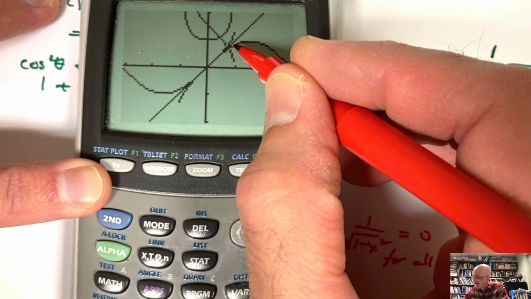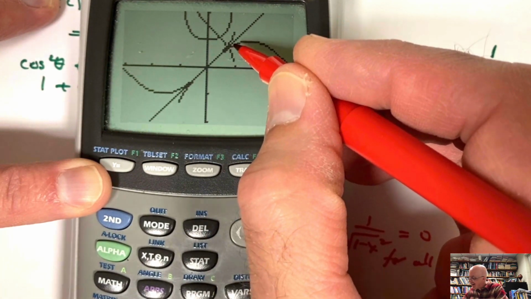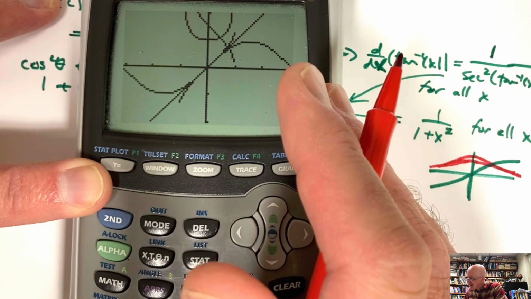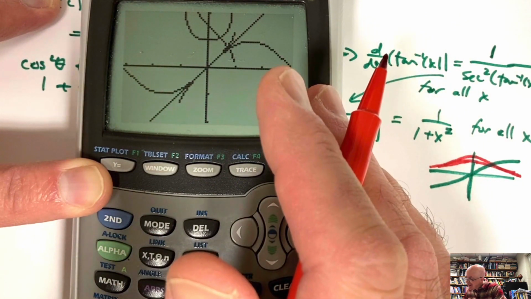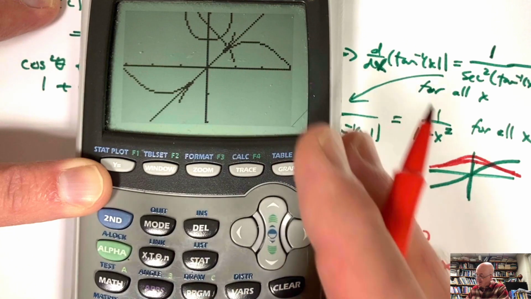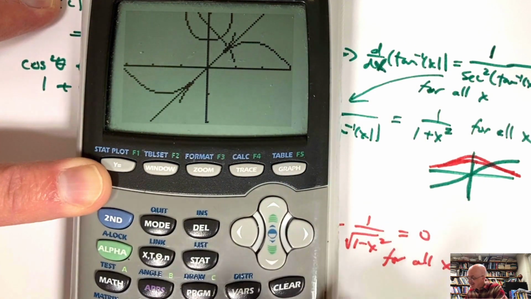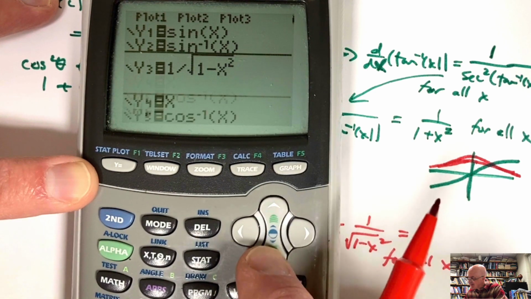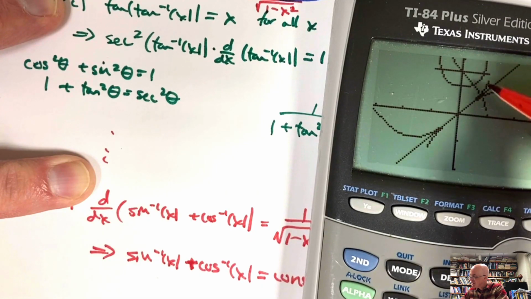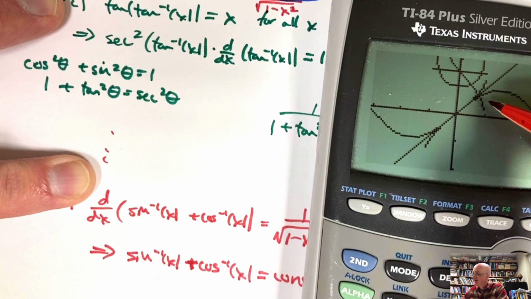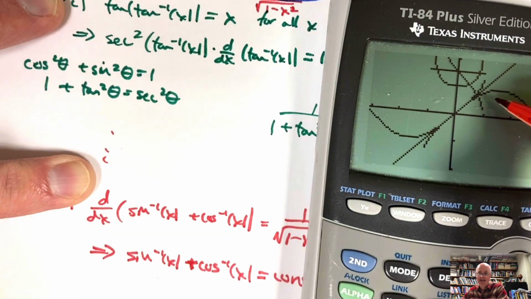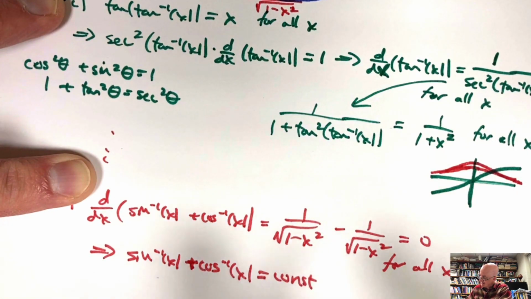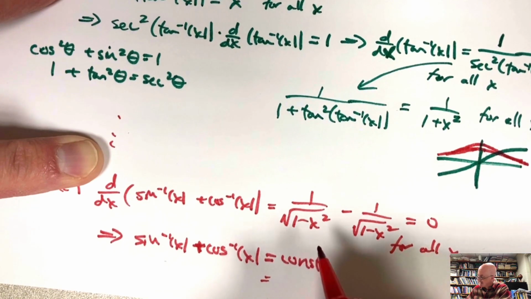Where is that horizontal line? I'm forgetting offhand. It could be at pi over something. I should probably know that. But if you graph their sum, you will get a constant function. This is up at pi over 2. This is pi over 4 there, about 0.7. Okay, that seems reasonable. This constant is pi over 2.